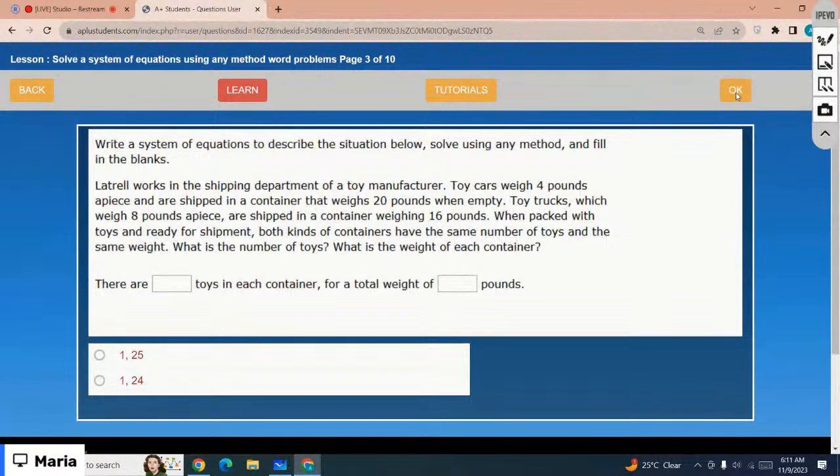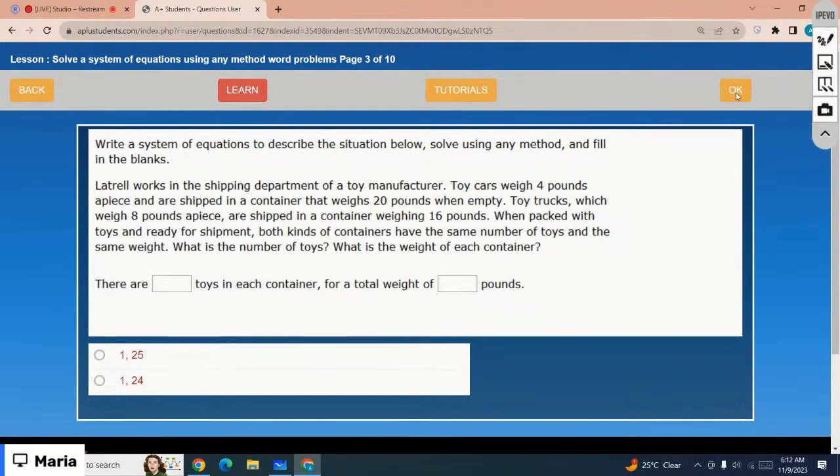Okay, the next one is: write a system of equations to describe the situation below. Solve using any method and fill in the blanks. Lateral works in the shipping department of a toy manufacturer.